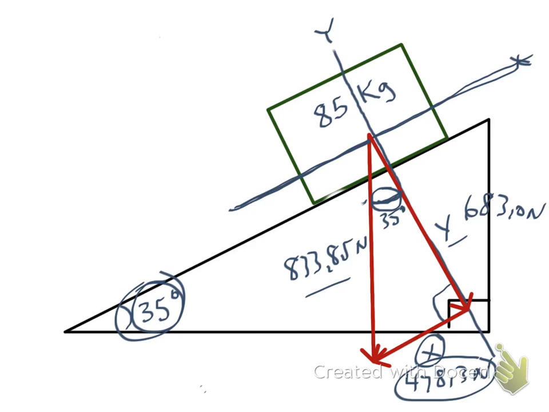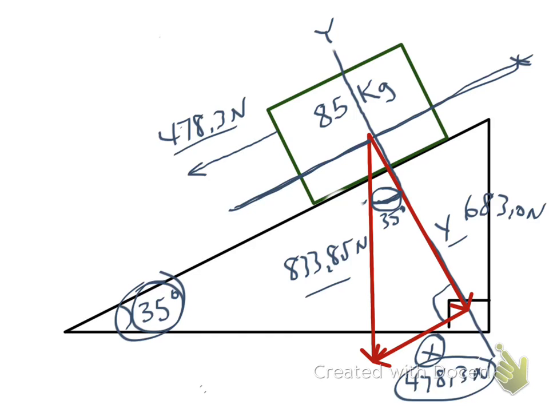So we have this one force of 478.3 newtons. There's nothing to counter it. There's no friction opposing it in the opposite direction in this case. And so the net force is 478.3 newtons.